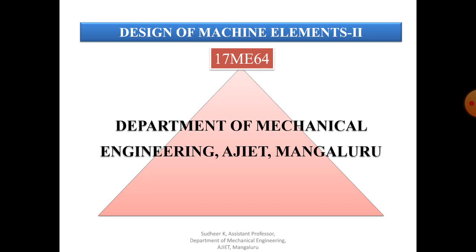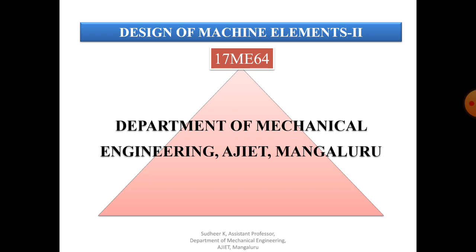In the design of sliding contact bearing, as I already explained in the last class, you need to find out the selection of oil, then the lubrication number, the type of lubrication, which type of oil, then the operating temperature of the bearing, then the coefficient of friction, for which you have to use a different equation.